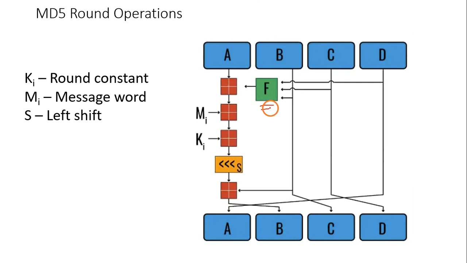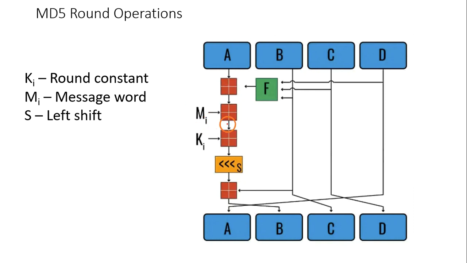I am not going into the internal details of what happens in the function, but let's see what is happening here. The input for the function is the values of B, C, and D. It takes B, C, D, performs some operation, and gives some output. That output is added to A, and the output of this addition is again added with Mi, where the value of i changes from 0 to 15.